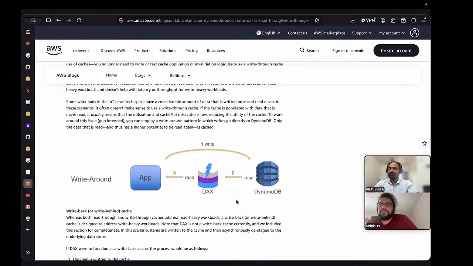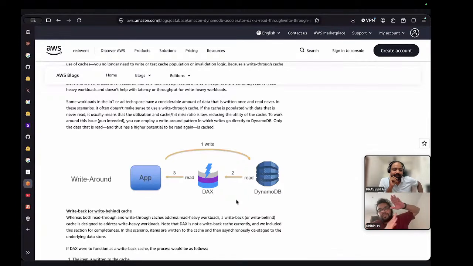Now, once you understand these patterns, usual system design questions, like what Praveen mentioned, where you have a star count, ask which caching pattern you are going to use. They may even get into which eviction algorithm you are going to use.